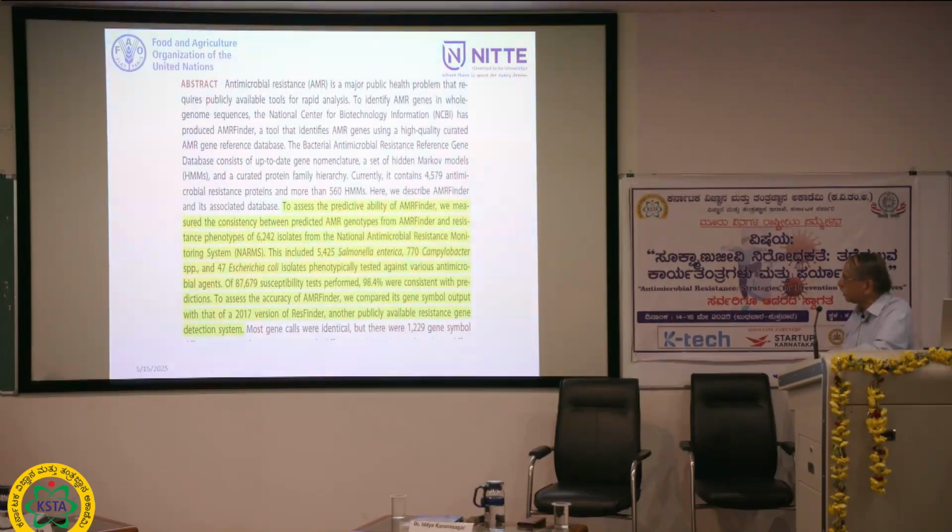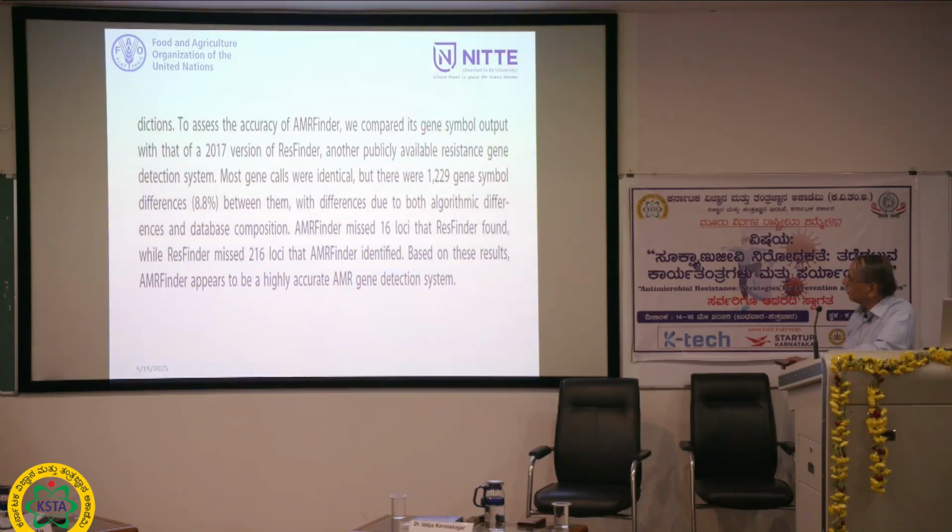There was 98.5% consistency, but there were also differences. For example, AMRFinder missed 16 loci that ResFinder found, and ResFinder missed 216 loci that AMRFinder identified. So depending on the tool that you use, you may get different results.